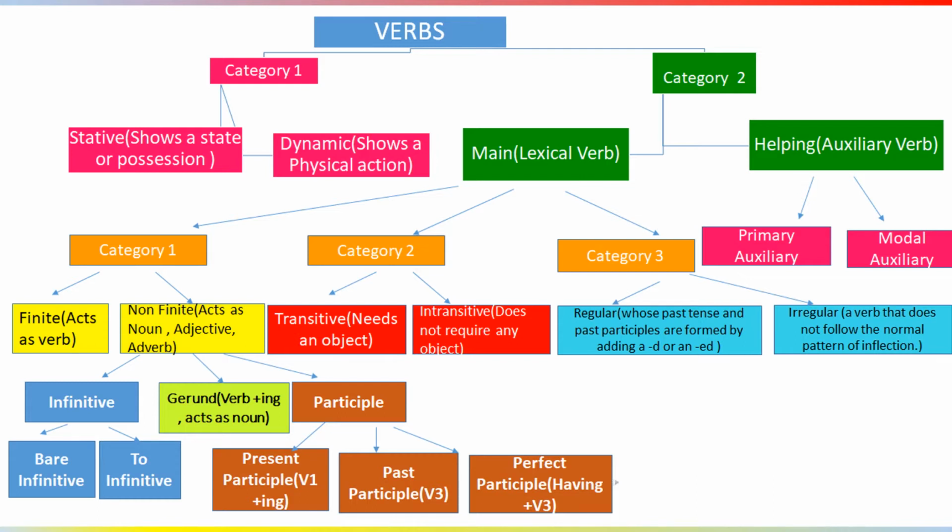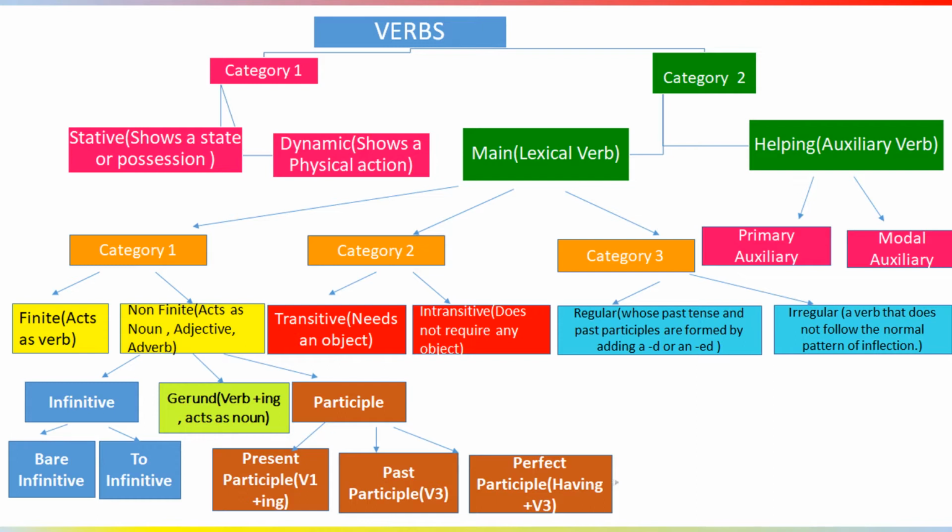Participles are words that are formed from a verb and used as an adjective. Example, working woman, burned toast. Or a noun. Example, good breeding. Participles are of three types: present participle, past participle and perfect participle.